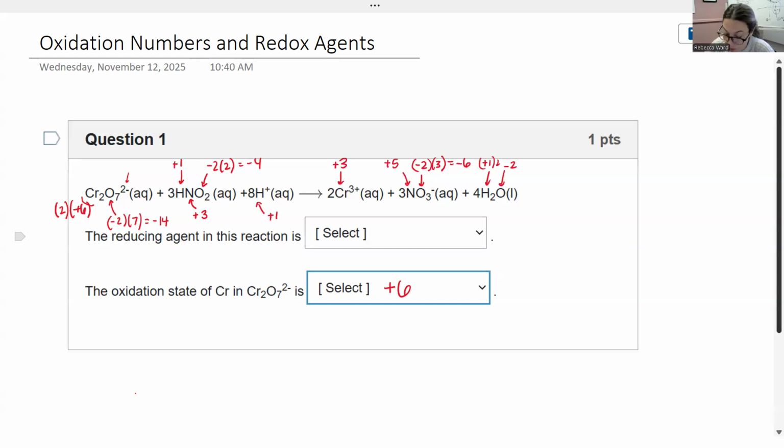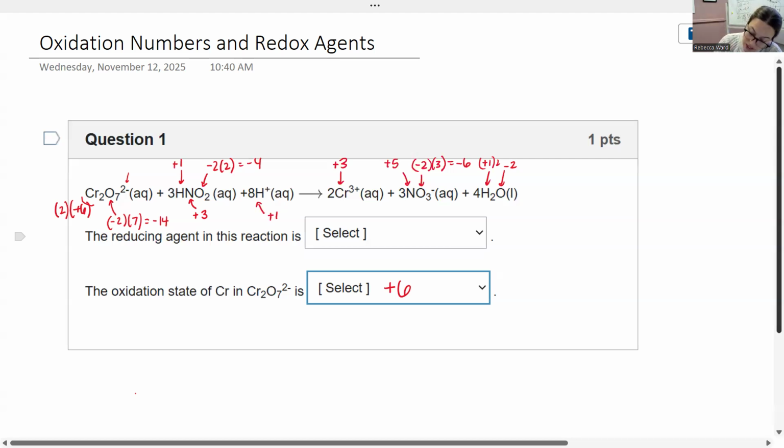All right, so now we have everything we need to know to identify the reducing agent in this reaction. When you're asked for the reducing agent or the oxidizing agent, we're always going to pick something on the reactant side. So this is like the reactant that you're going to pick up in your lab and say, I'm going to use this as a source of electrons.